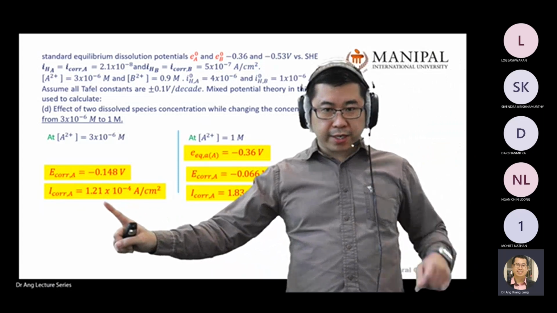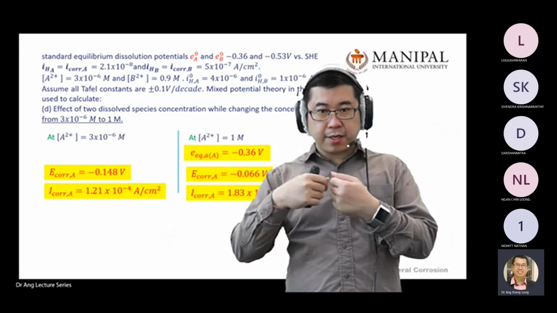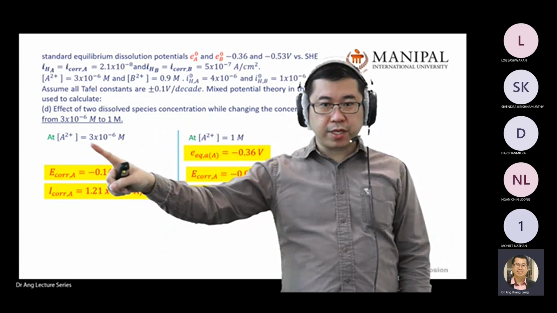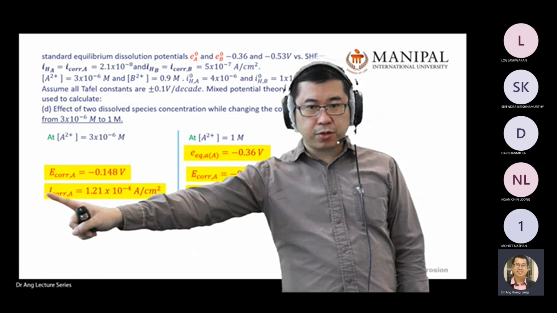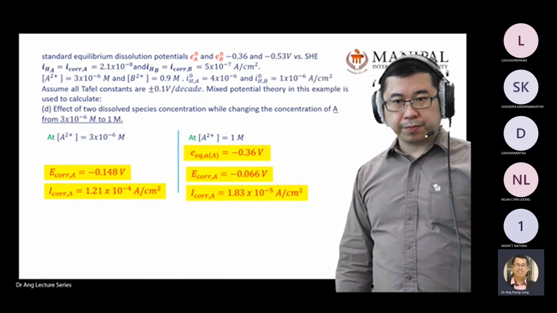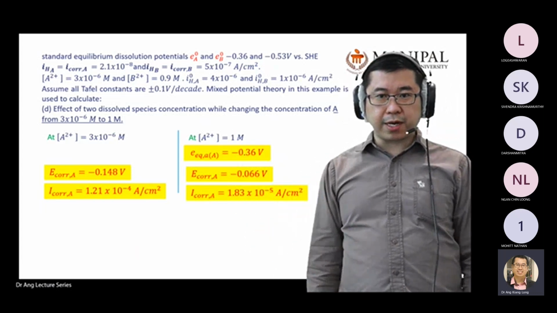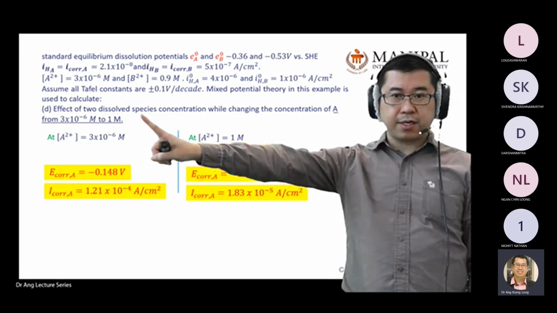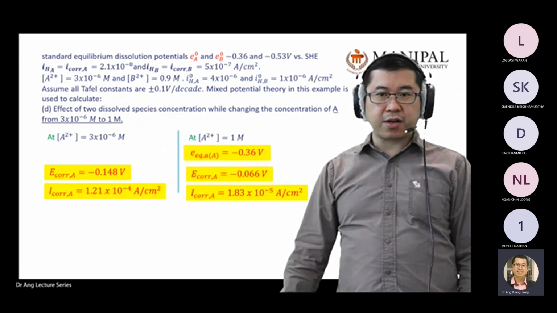The corrosion rate you calculated just now when you coupled with the 3 times 10 negative 6 molar, your corrosion rate is 1.2 times 10 negative 4. But when you increase the concentration, A becomes more of the A component.